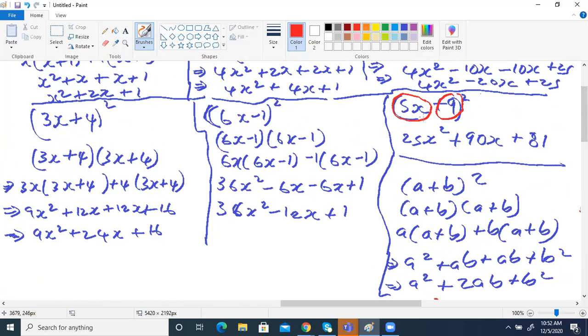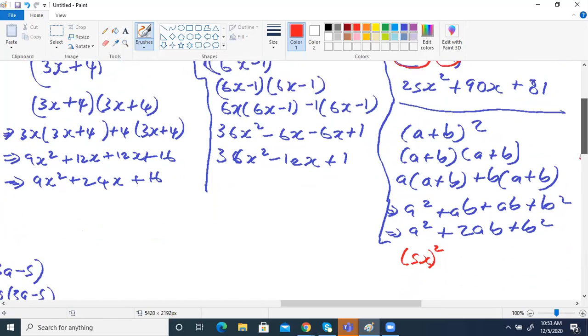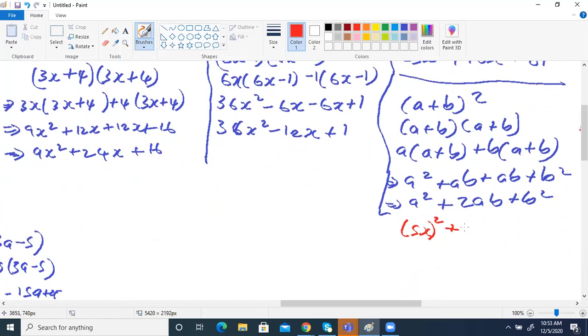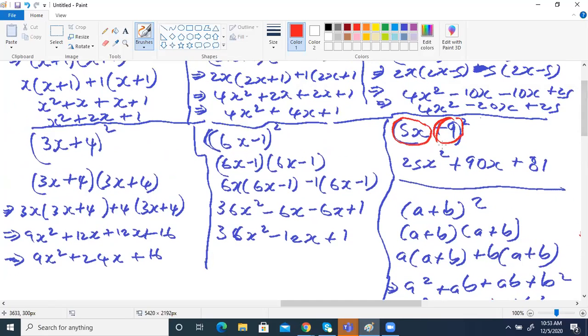If this is my b, the next term is 2 times 5x times 9. 5 times 9 is 45, times 2 is 90. So the middle term is these two multiplied, then times 2. The last term is just the 9 squared, which is 81.